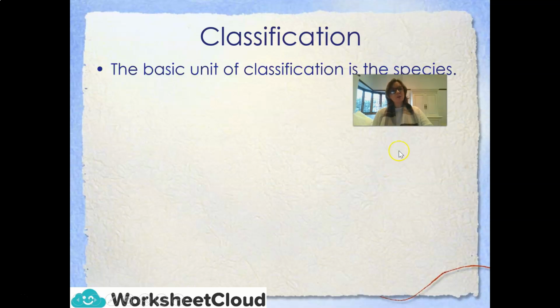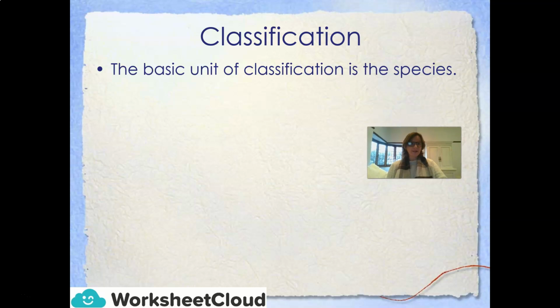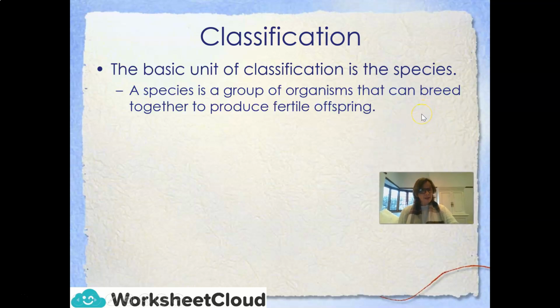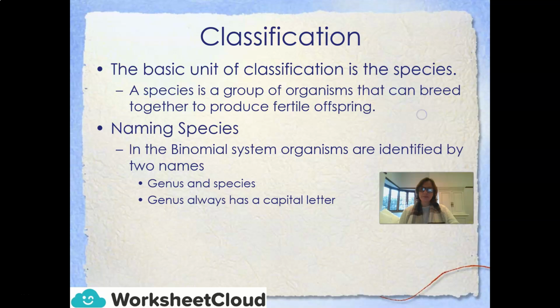Now, the basic unit of classification is the species. A species, as you know, is a group of organisms that can breed together to produce fertile offspring. Let's take a close look at naming species. So in the binomial system, organisms are identified by two names, the genus and the species.